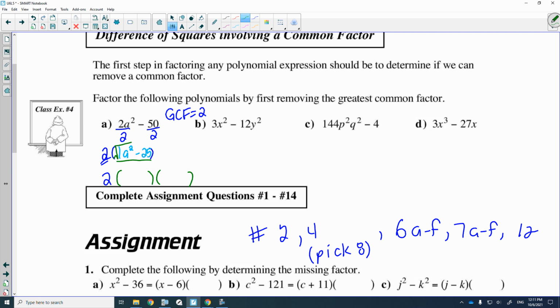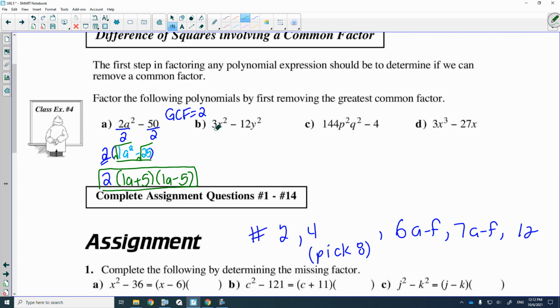Square root of 1a squared is 1a. And you could square root this guy. Square root of 25 is 5. One gets a plus and one gets a minus. So this question would be worth 3 marks, right? 1 for each factor. Whereas the other difference of squares that don't have GCFs, you get 2 marks for it.